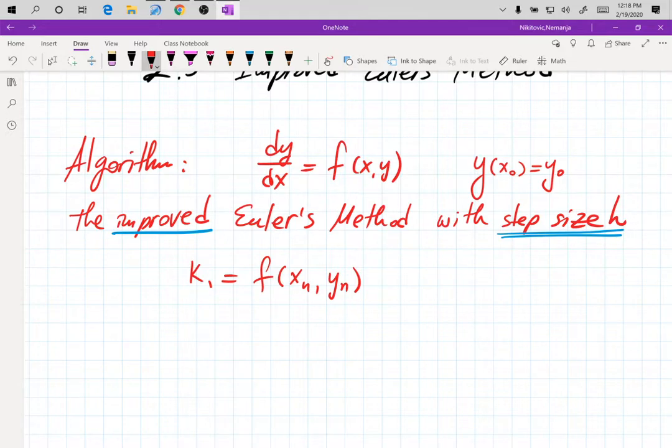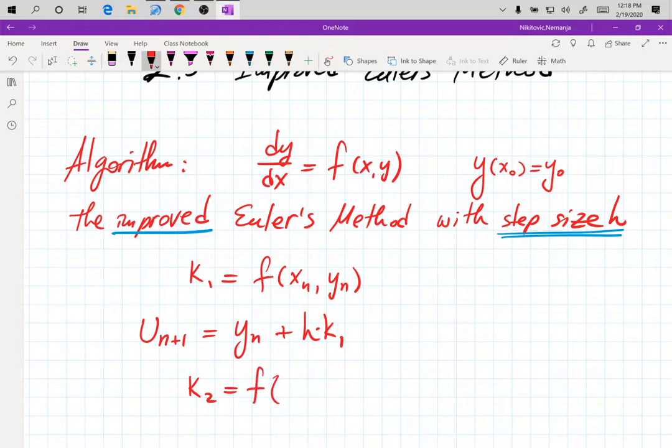Then you are running the calculation yn+1 is equal to yn plus h times K1. Then you're calculating your K2, which is f of xn+1, yn+1.